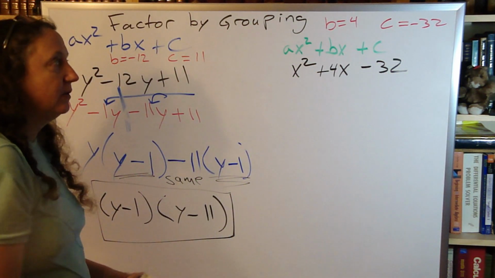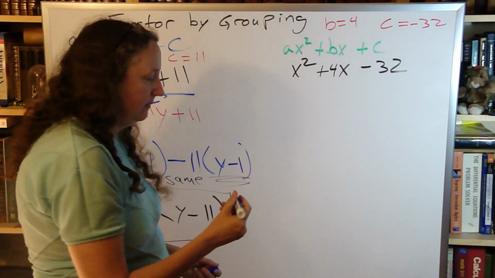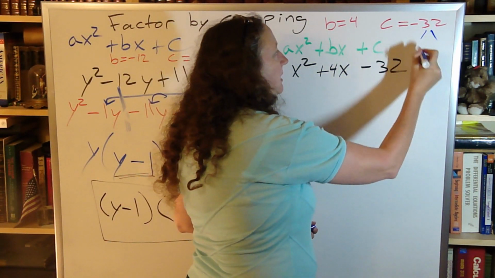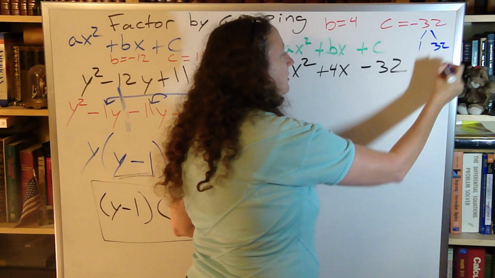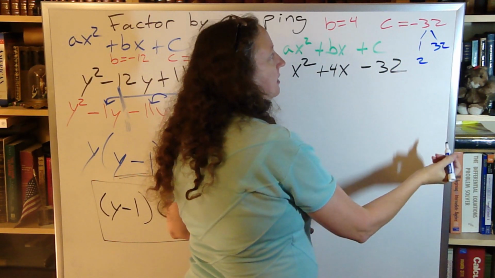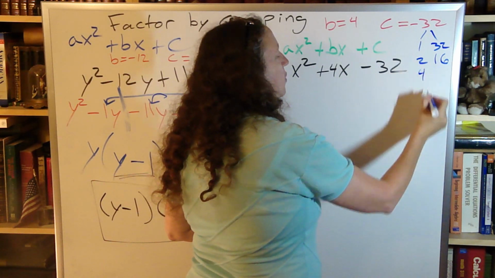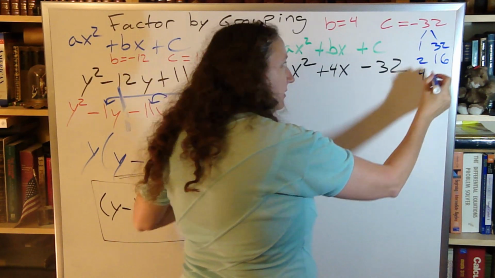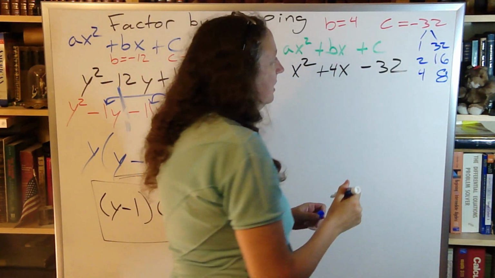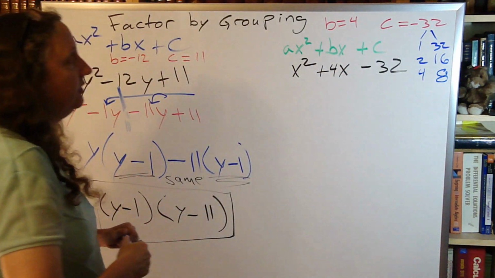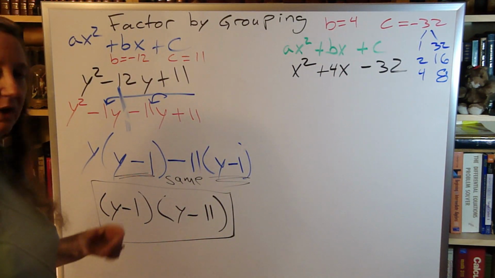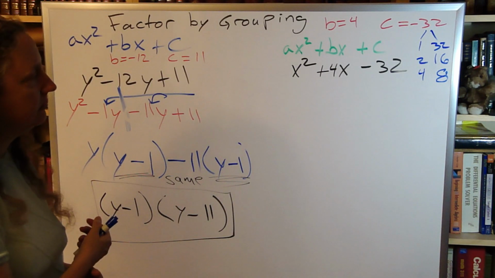I need to factor that negative 32. So it could be 1 and 32, it could be 2 and 16, could be 4 and 8. And that is it, because then the numbers start repeating after that.